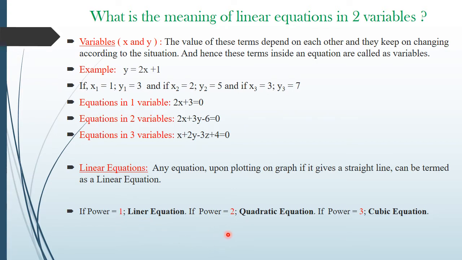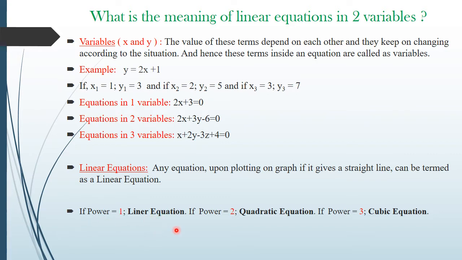Similarly, if the power of any variable inside an equation is 2, that equation can be termed a quadratic equation. And if the power of any variable inside an equation is 3, that equation can be termed a cubic equation. So all those equations that are going to come in this chapter are going to have variables of power 1. Therefore, in this chapter we are going to study only linear equations.